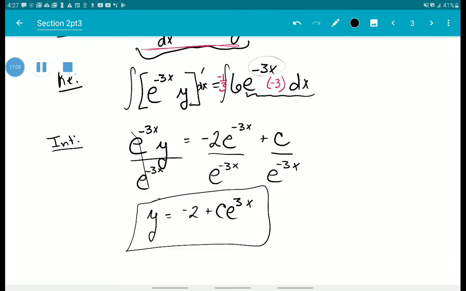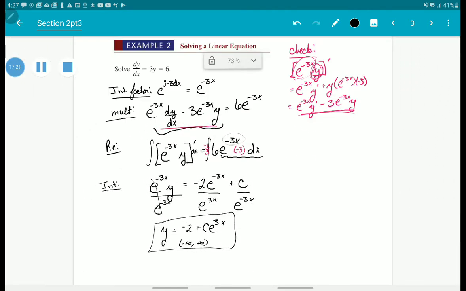If we wanted to talk about domain for this problem, or where this solution is valid, this solution would be valid everywhere. If we go back to that original differential equation, there's no exclusions for x. And if we look at that solution, there's no exclusions for x there.